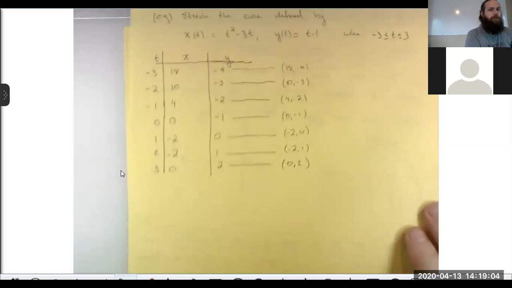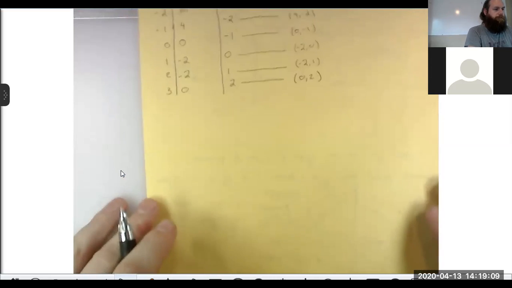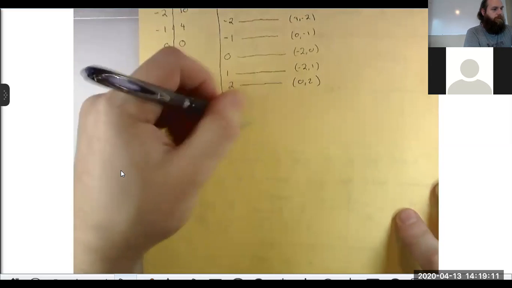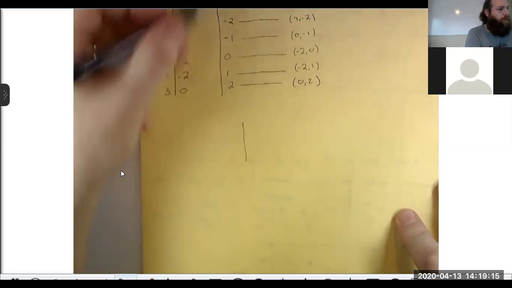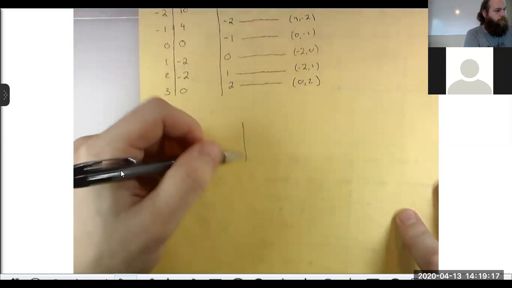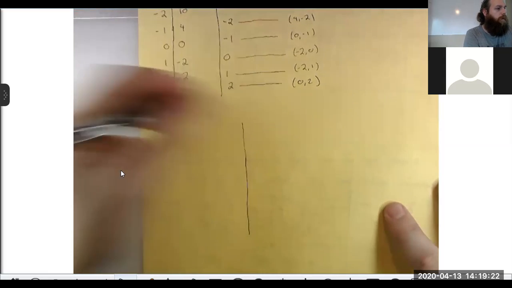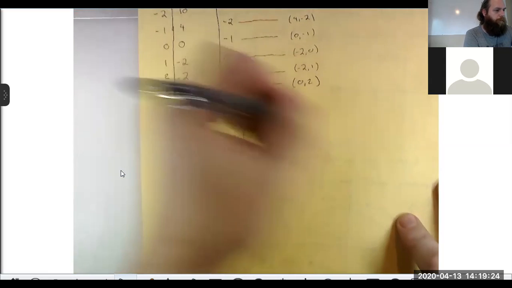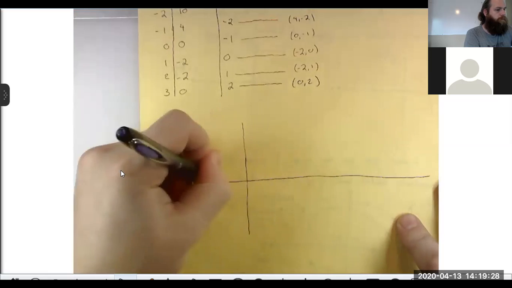So if I try to graph all these ordered pairs, let's see what shape we get. I'm going to give myself lots of space. Looks like my y values don't get too huge. They run from -4 up to 2. But my x values do get quite large in the positive direction. So let's give lots of space there.